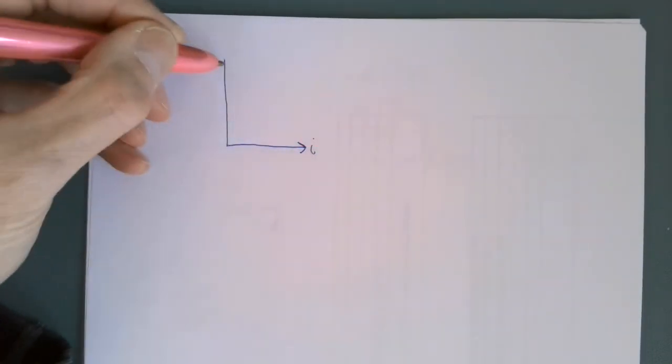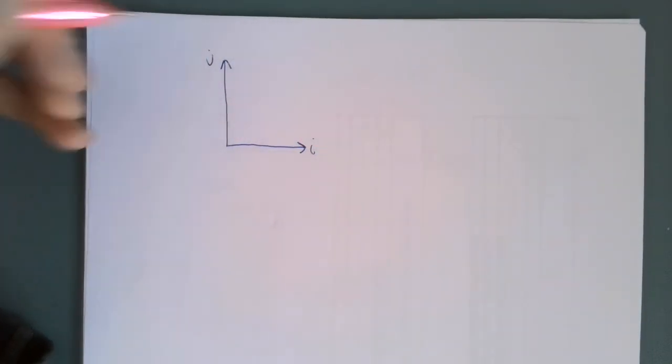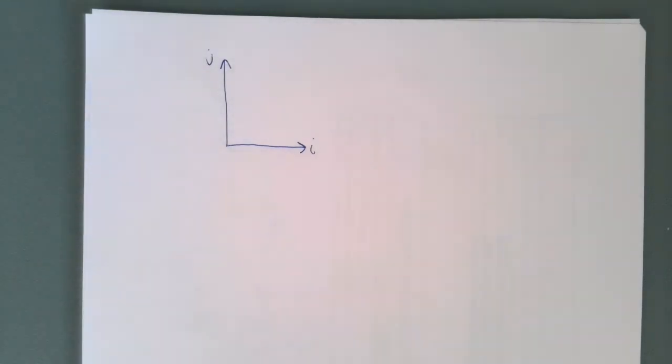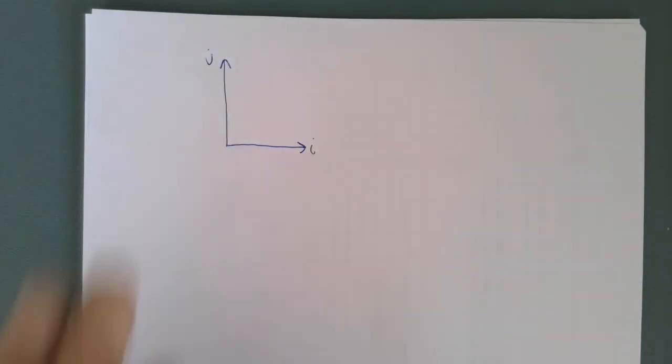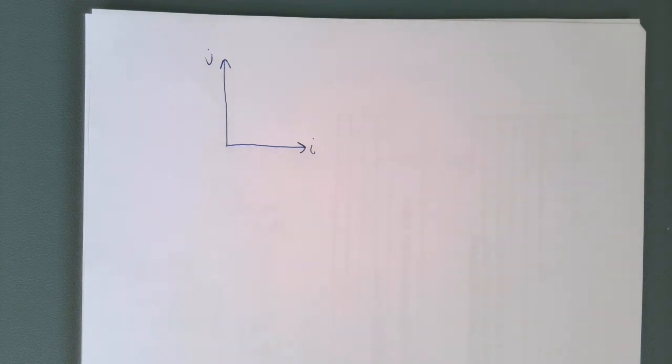Instead, this question is about east and north. Now that's a bit confusing to me, but I guess what they're talking about is this, isn't it? So this is the I direction, that's moving east, and that's the J direction. So they're setting it up so you're looking down on it rather than looking side on at a projectile question.